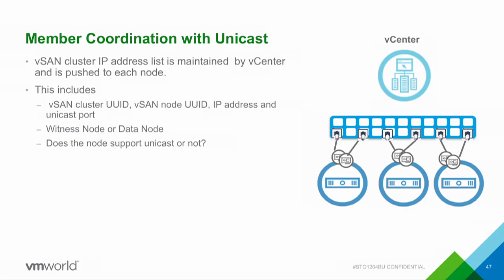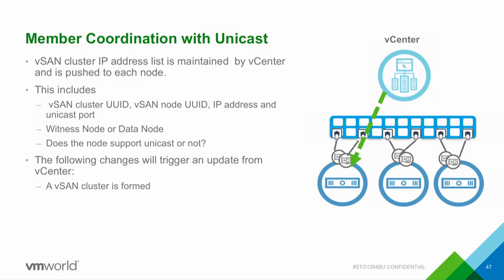So if vCenter is out of the configuration for whatever reason and it rejoins, it looks at its sequence number of what changes have happened in the cluster and whether anything has changed. So even if vCenter is out of the cluster, it shouldn't matter. You can still do manual changes and vCenter will just pick up those changes when it rejoins the cluster later.